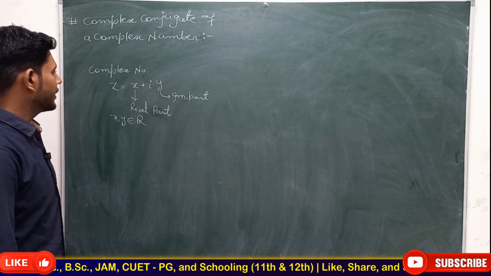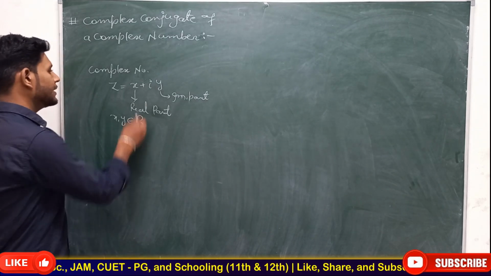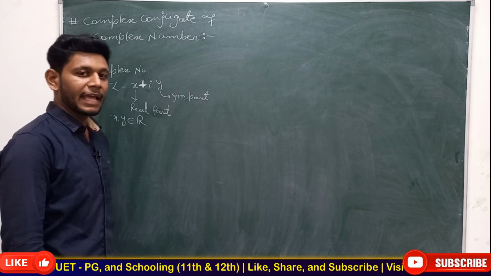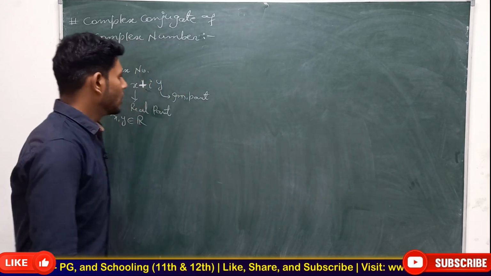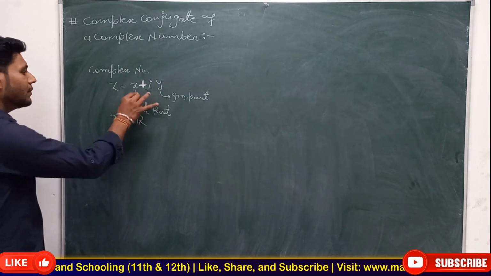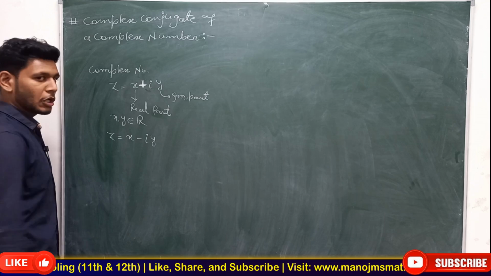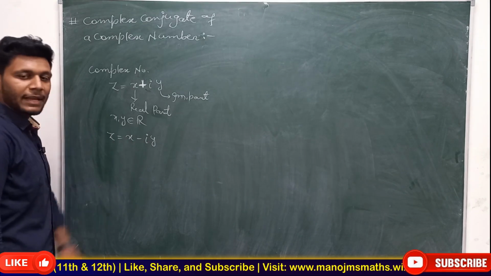So in this case we are writing it as x plus iota y. It may be z is equal to x minus iota y. So this is also a complex number.